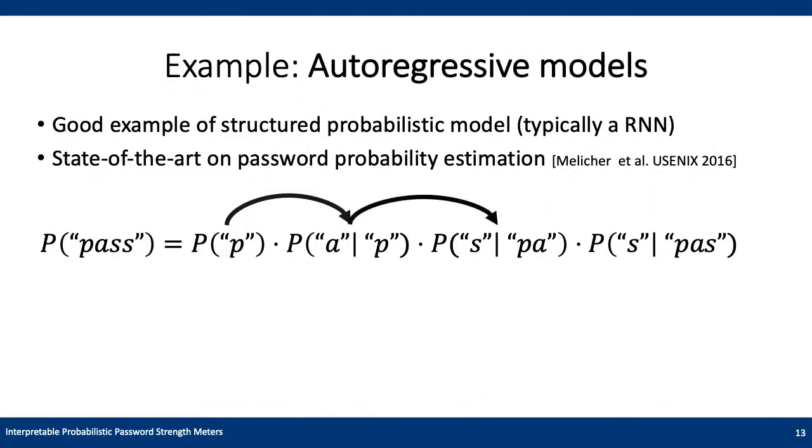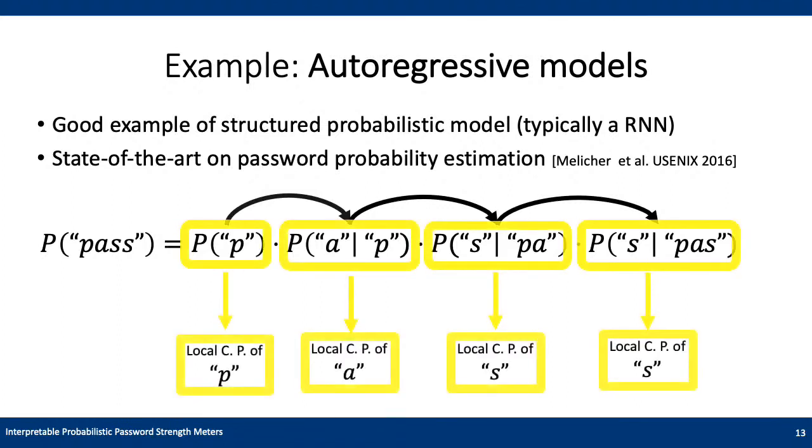When we use them to estimate the probability of a sequence, each step in the sequence receives a probability that is measured in consideration of all the steps that come before in the sequence. That is, the local conditional distribution of each character is conditioned to all the previous characters. And the joint probability of the whole string is defined by the product of those local conditional probabilities, one for each character.